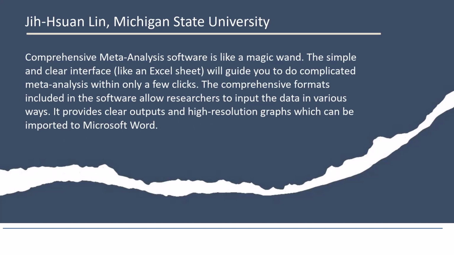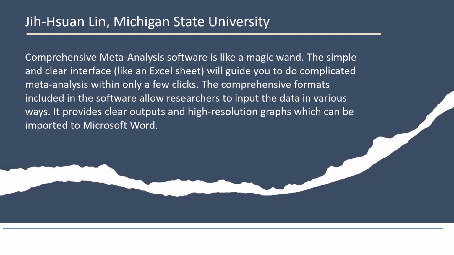Jae-Suan Lin, Michigan State University. Comprehensive meta-analysis software is like a magic wand. The simple and clear interface, like an Excel sheet, will guide you to do complicated meta-analysis within only a few clicks. The comprehensive formats included in the software allow researchers to input the data in various ways.